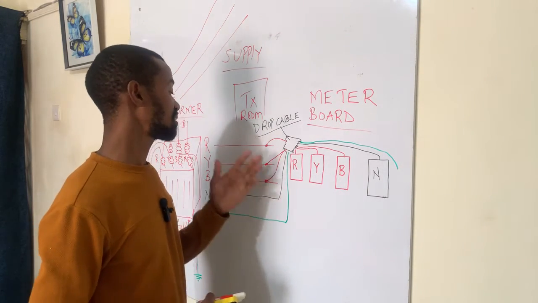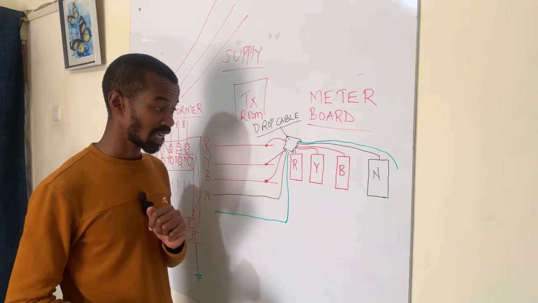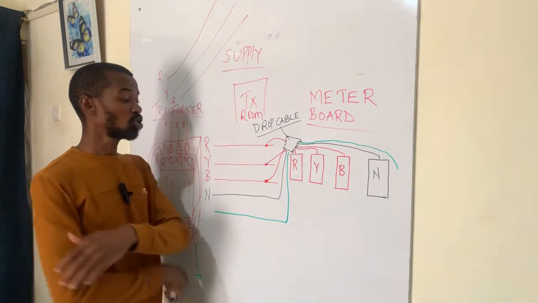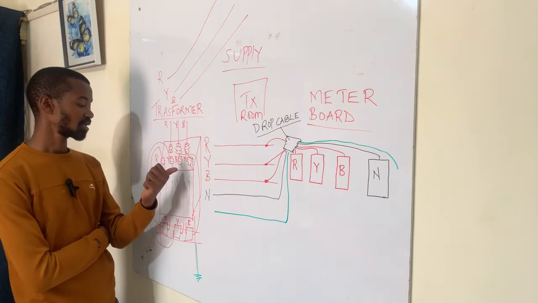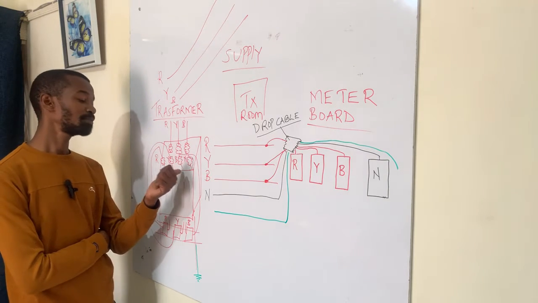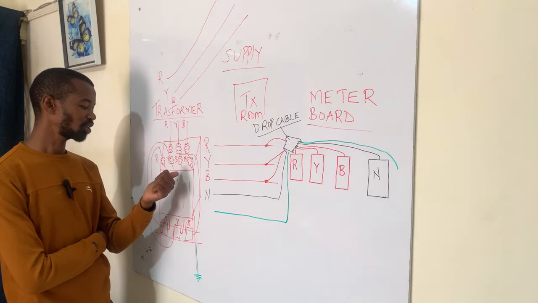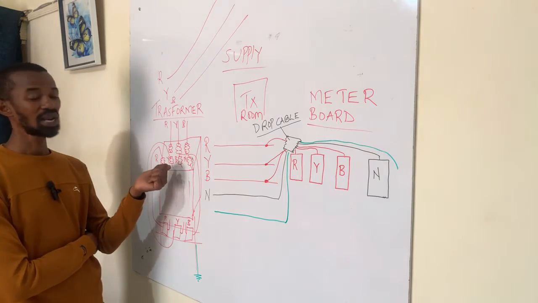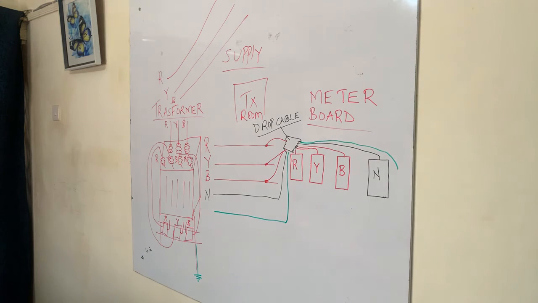So this is a three-phase distribution into an apartment. If not an apartment, it is probably a factory that does not have a lot of power or high power requirements whereby they can share the transformer with the public. Remember, I began by saying that if at all you have a high power demand, you will have your own transformer that is distributed specifically for your needs.